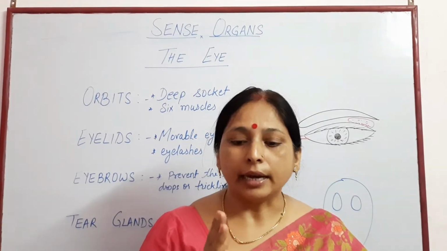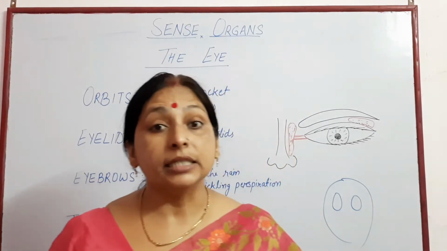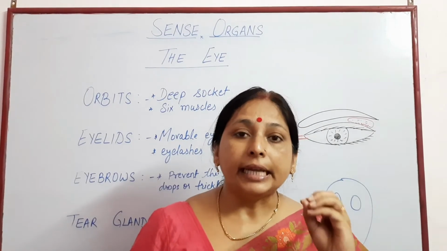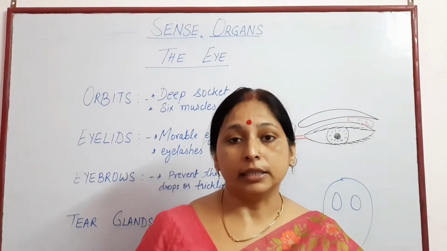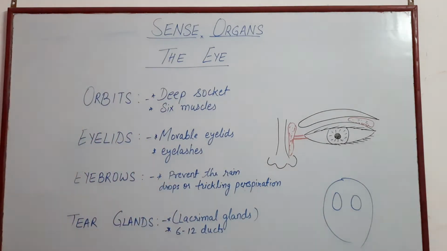So it is a kind of protection of the eye. Eyelids are for protection. In the eyelids, eyelashes are present. Eyelashes again prevent entry of larger particles inside the eye. So this is the function.